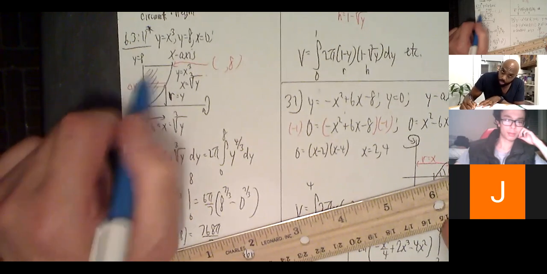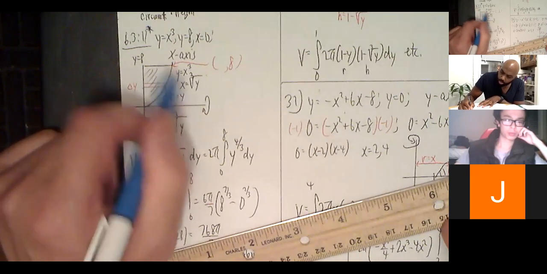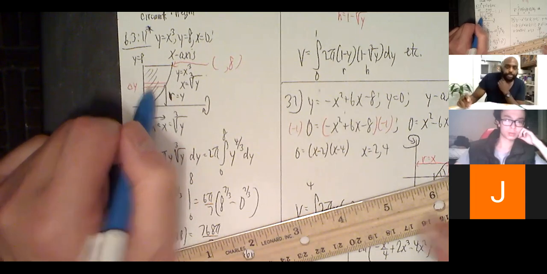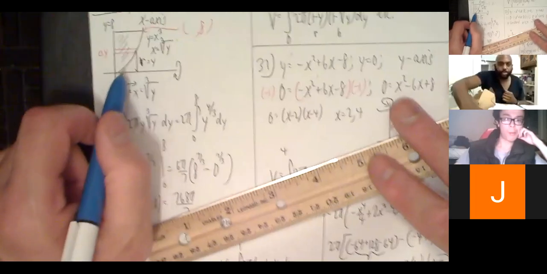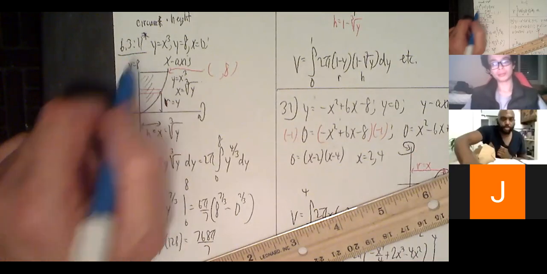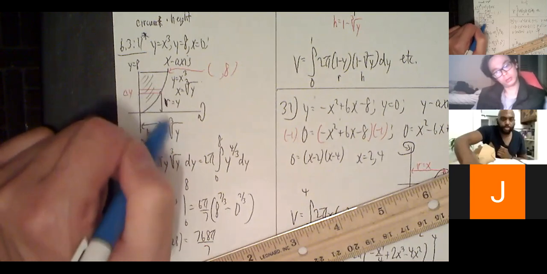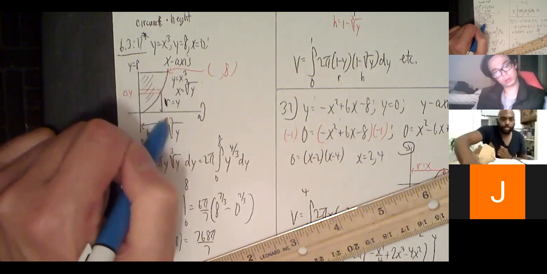So if I spin this around like this, you get a bowl, but I'm going to spin it like this. So if I go this way, that's where it looks like I'm not doing this method, but the shell method. So this 11 star is not really one of the assigned problems. If I go like this, the radius is y. Distance from any point to the x-axis is y.